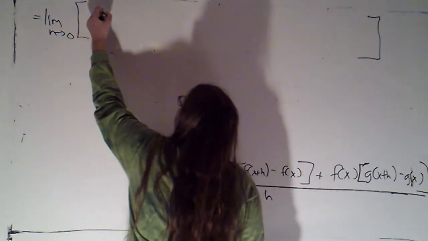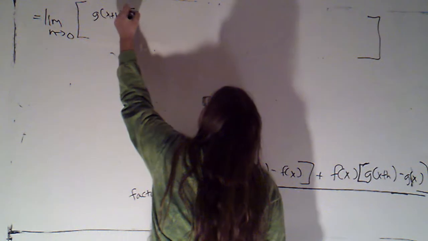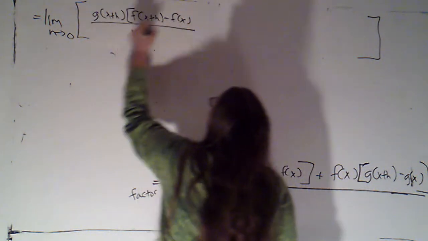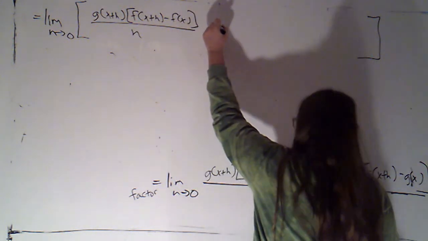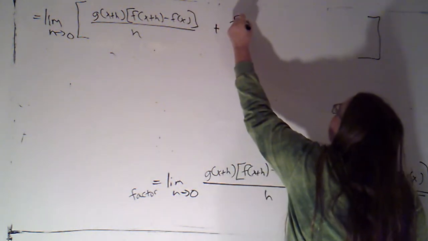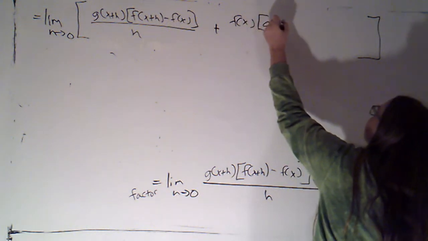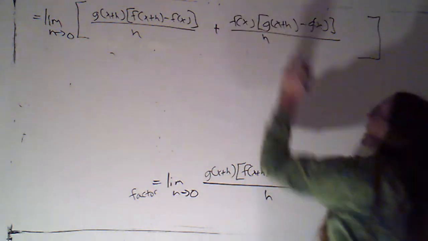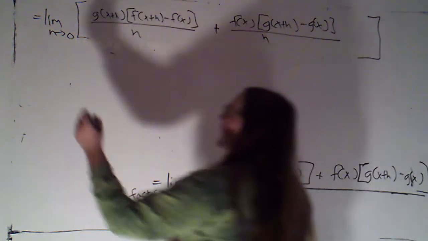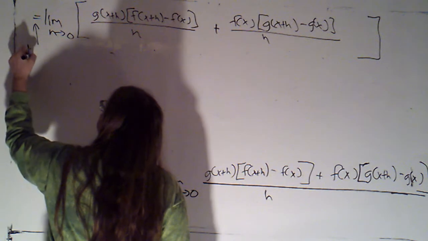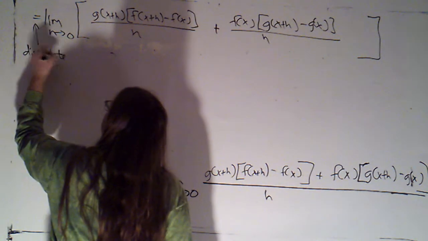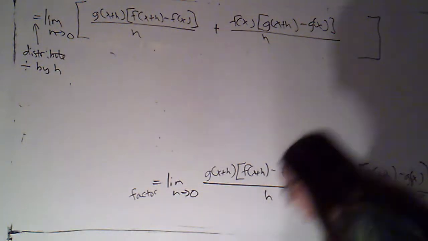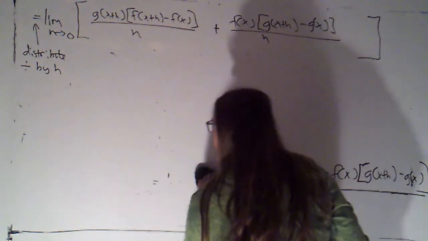So I'm going to say it's g of x plus h times f of x plus h minus f of x over h, plus f of x times the quantity g of x plus h minus g of x over h. So that's just distributing the division. Okay, excellent.